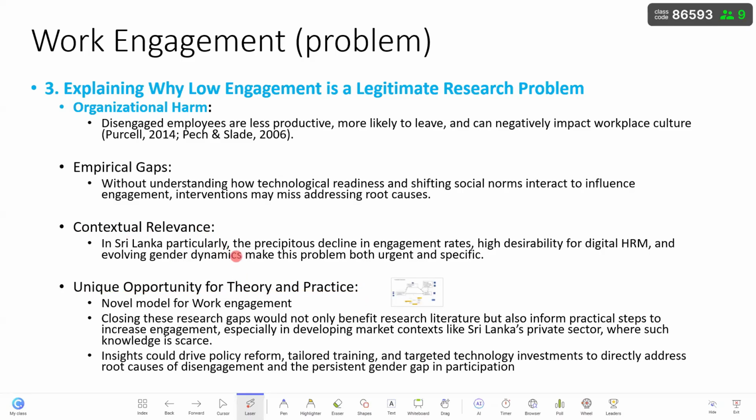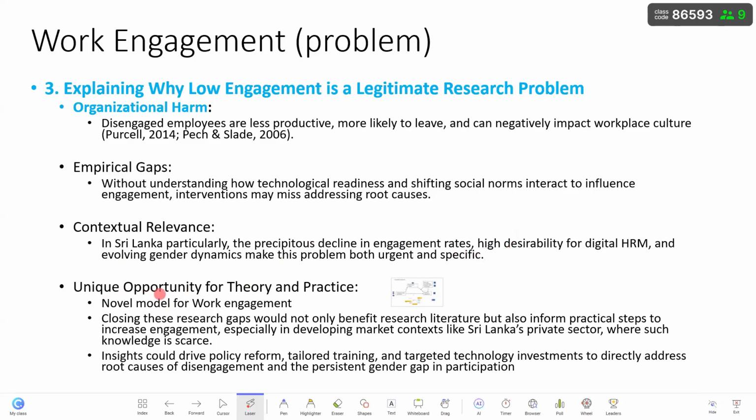Especially in the Sri Lankan context, the precipitous decline in engagement rates, high desirability of digital HRM, and evolving gender dynamics make this problem both urgent and specific. So that is the contextual relevance.